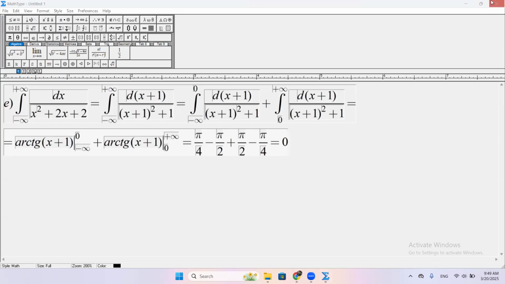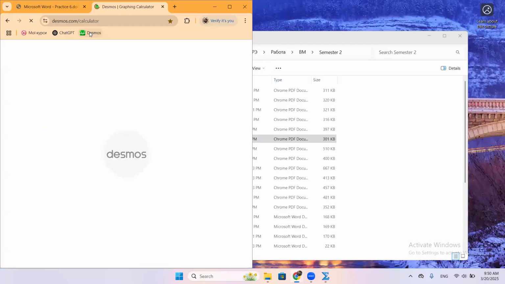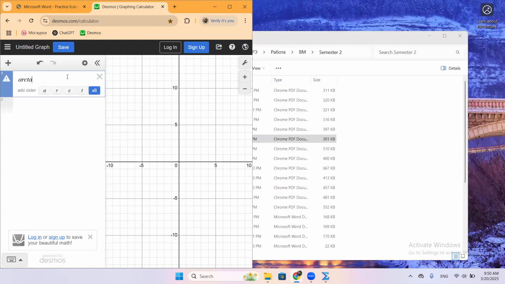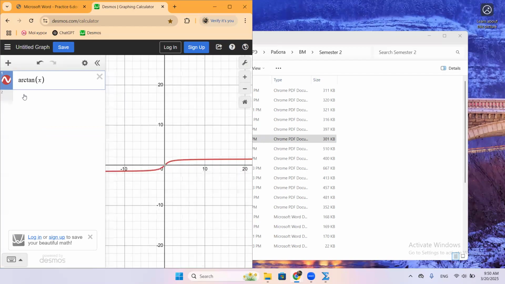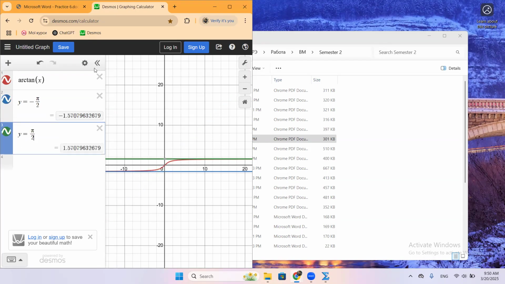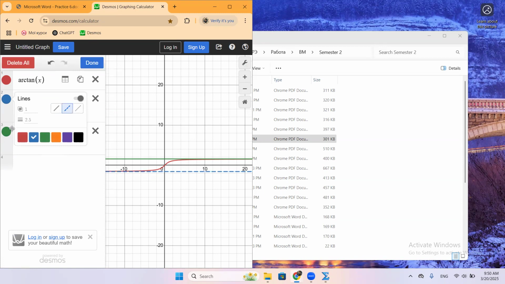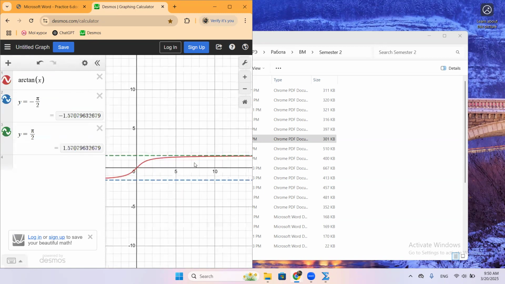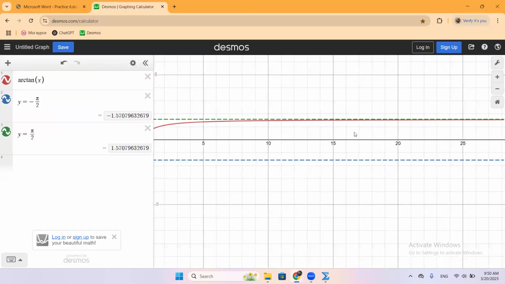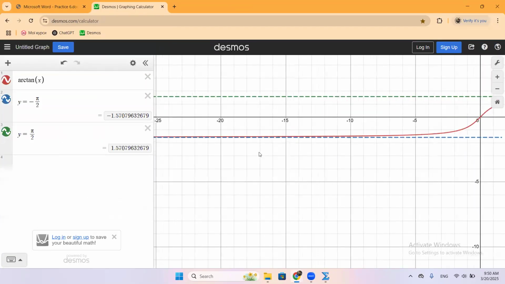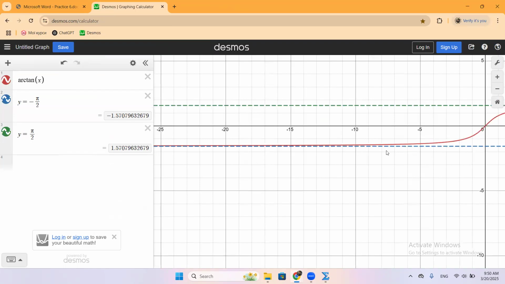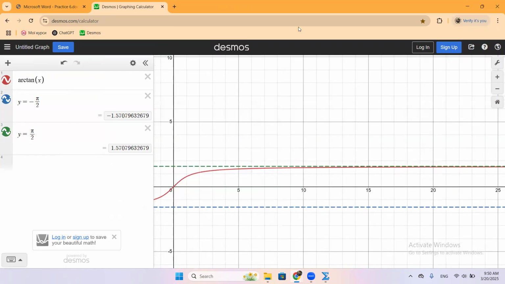Just a moment, let me remind you. The graph of arctangent of x approaches, on minus infinity, minus pi over 2, and on plus infinity, pi over 2.